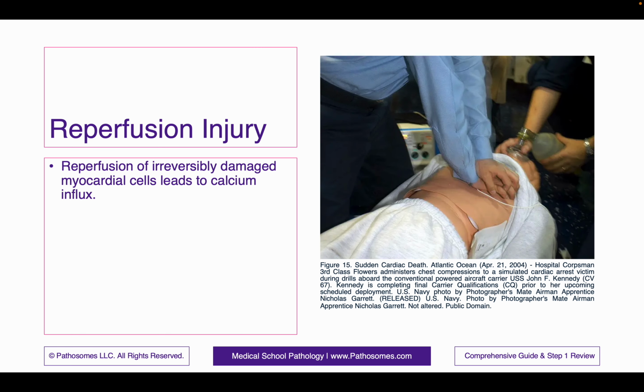On the topic of reperfusion injury, what is that exactly? Well, a reperfusion injury is due to reperfusion of irreversibly damaged myocardial cells that leads to a calcium influx.